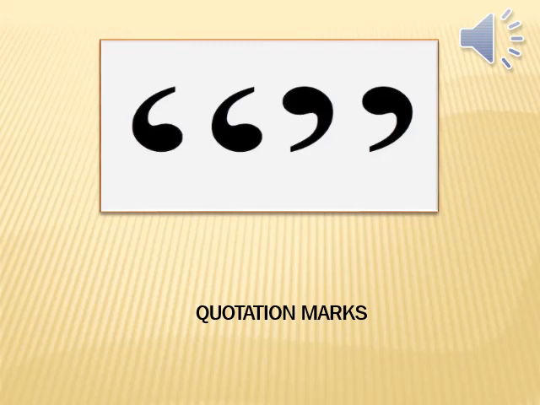I am also speaking to you directly because my words are reaching you directly. There is no other person in between my words and you listening. So when we speak directly or when we write the exact words of the speaker without changing anything and put them in these quotation marks or speech marks, it is called direct speech.